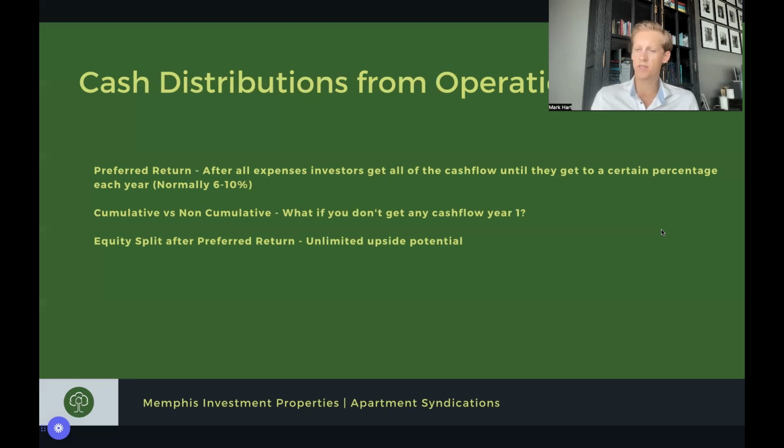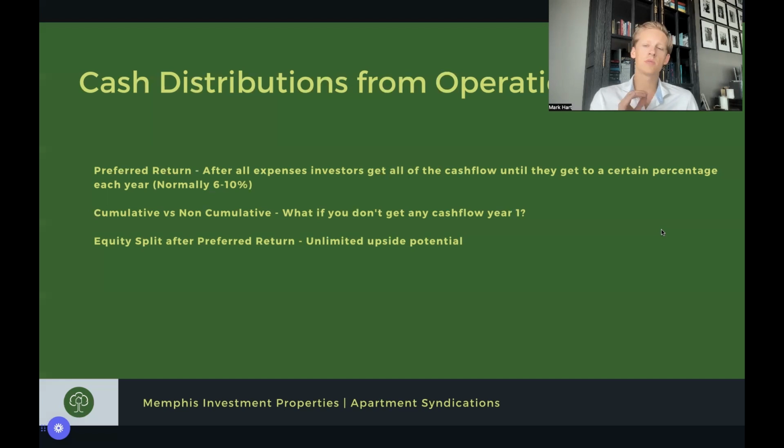Because it can be a little bit confusing to people, and other people might just want to split every dollar 50-50 or 70-30, right? So it's normally better for you as an investor to have a preferred return because it just shows that the operator, manager, ourselves is very confident that the deal is going to do well.